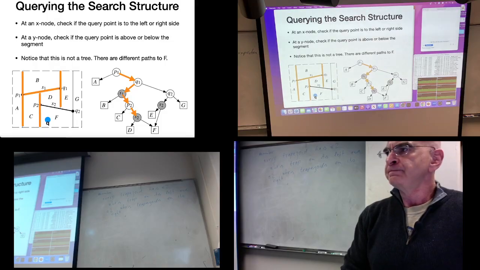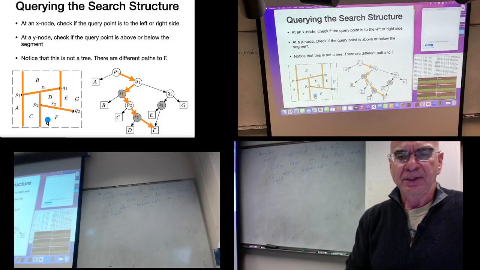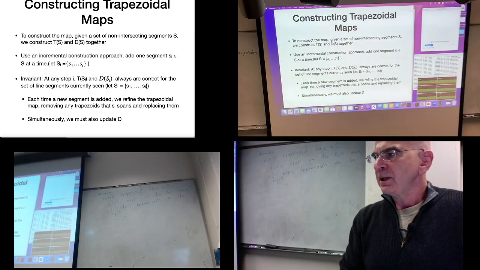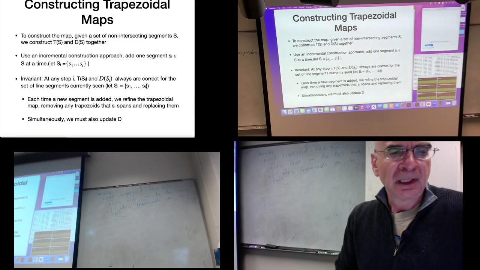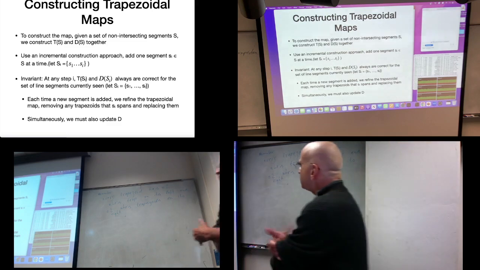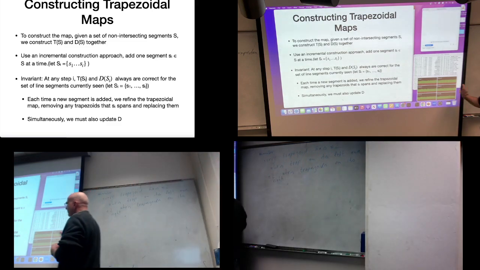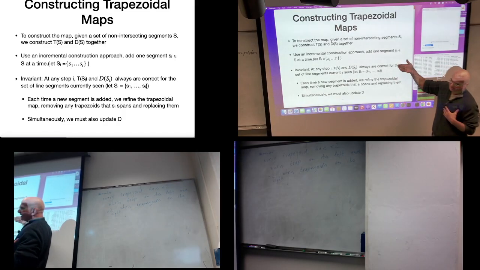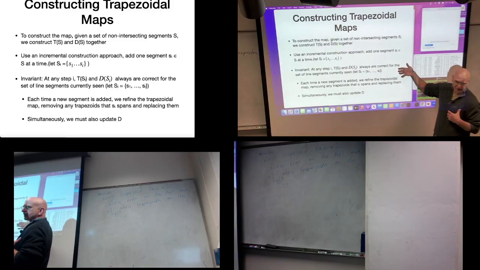So far, so good? OK, let's talk about the algorithm to build the data structure. And it's a very, very clever algorithm, to my taste. I'm biased. The data structure that we are going to use during the algorithm is exactly the data structure that is the output of the algorithm.